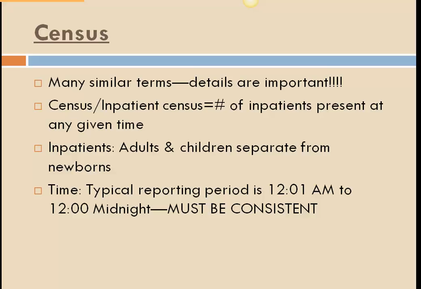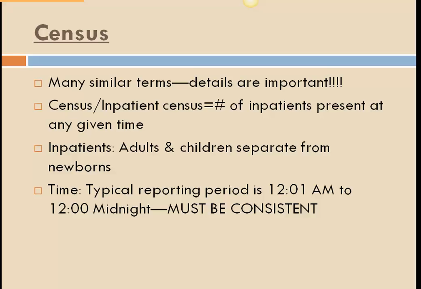Let's look at the first part, number of inpatients. Remember that we talked about on the previous tutorial the definition of inpatient: someone who's receiving room, board, and continuous nursing care in an area of the hospital where patients would generally stay the night. So it's the number of inpatients who are present at any given time.